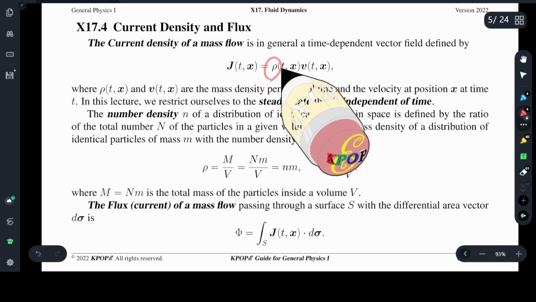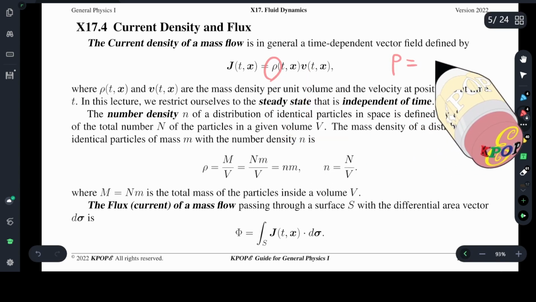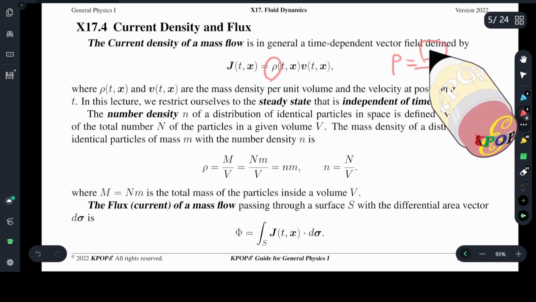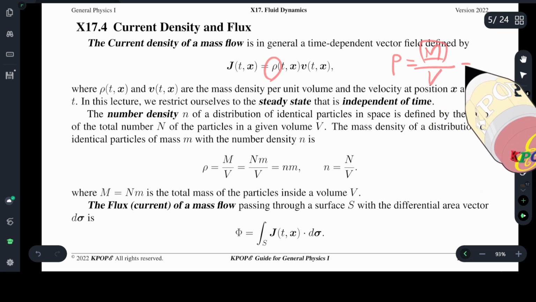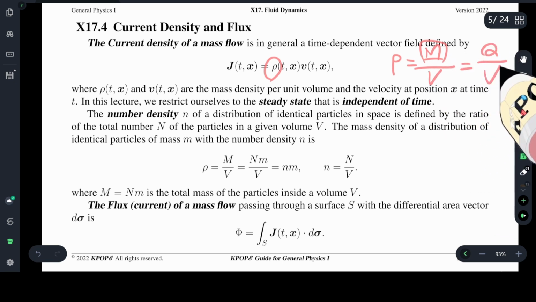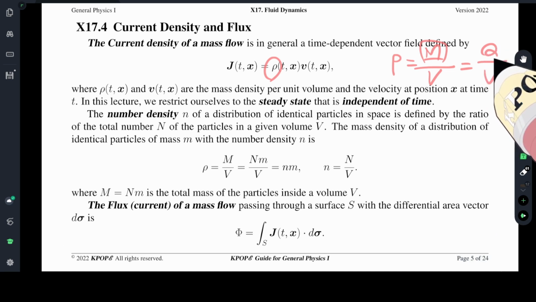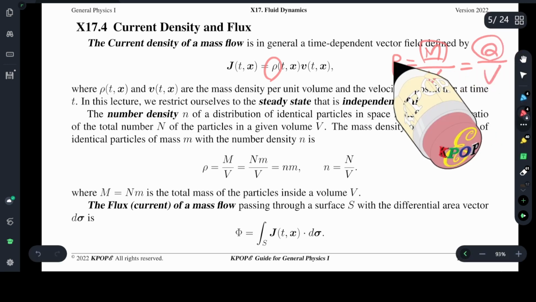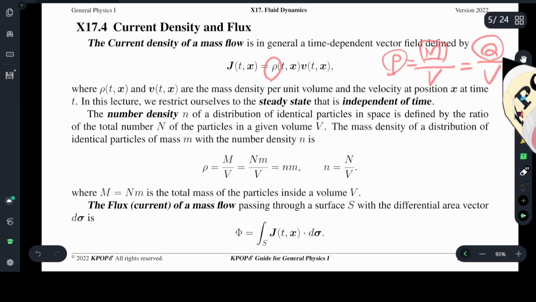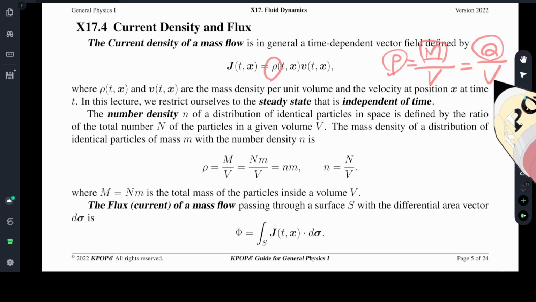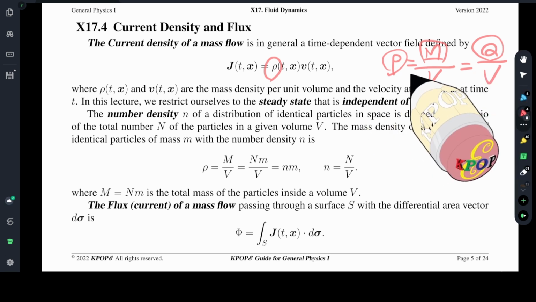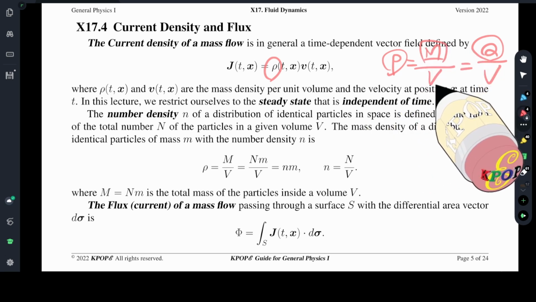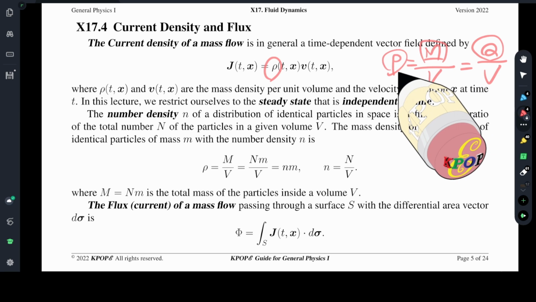What appears here as rho is a density. Density can be mass over volume or charge over volume. In the second semester, we'll study electromagnetism, and when we study current, rho will be expressed as a charge density, that is charge per volume. Right now, we are interested in the mass per volume, the normal mass density.